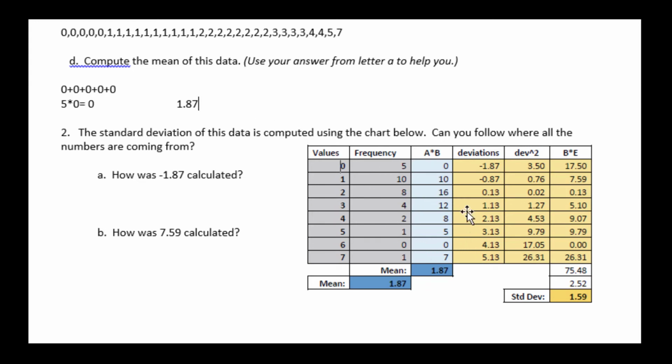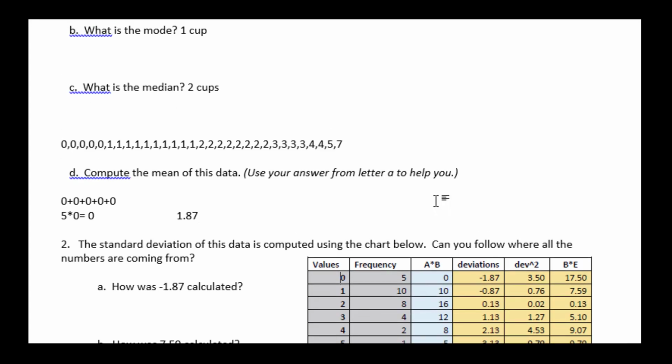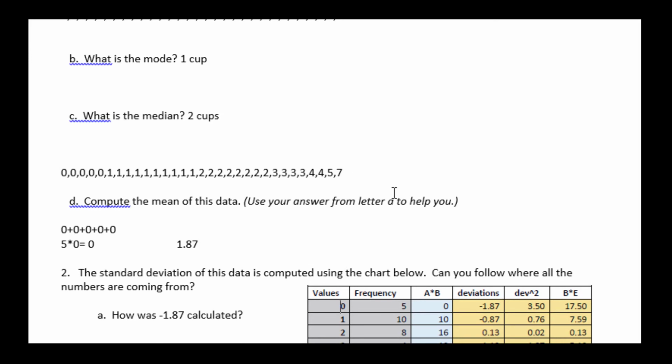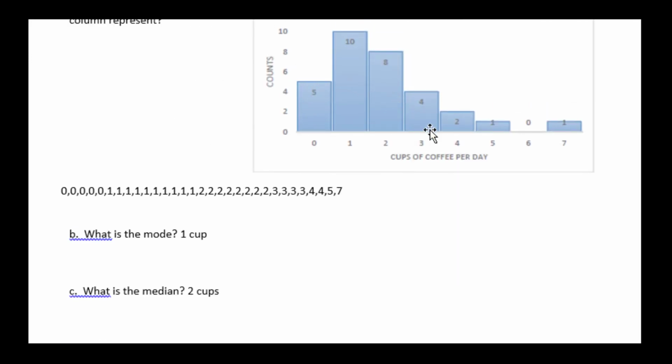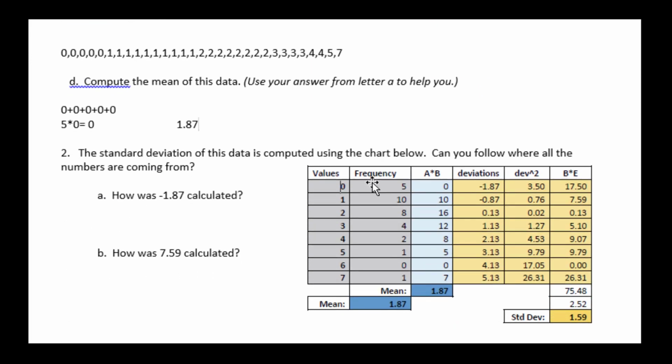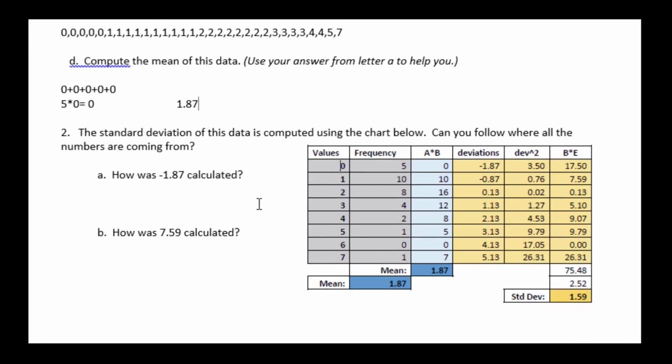This chart here is computing in a step-by-step manner the standard deviation of this set of data, which is related to this frequency distribution. So I'm going to switch over to the dock camera and just go over these last two questions.